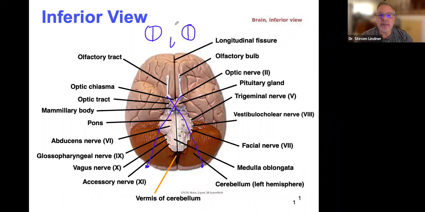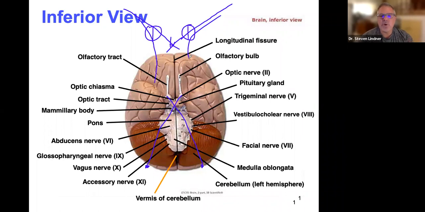So some information comes in from the temporal view and comes in this direction, and then some information crosses in this direction, right? And they're going to converge and then they crisscross. And some information is going to stay on the same side of the brain.